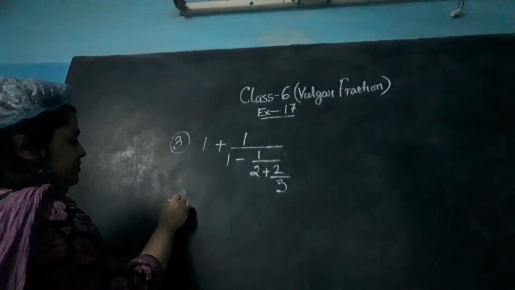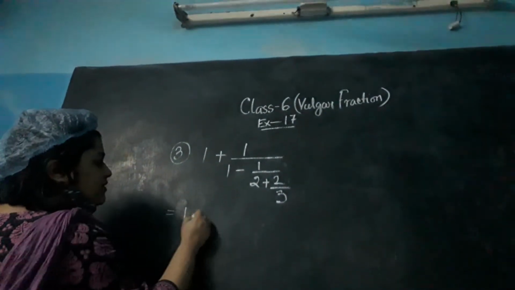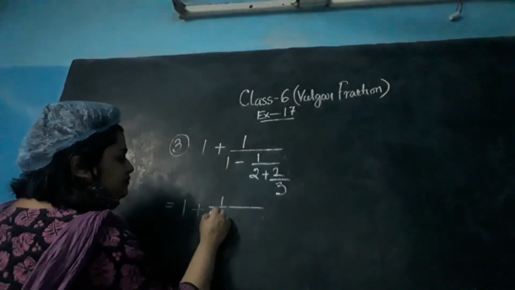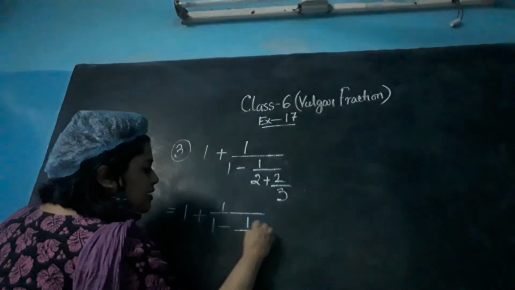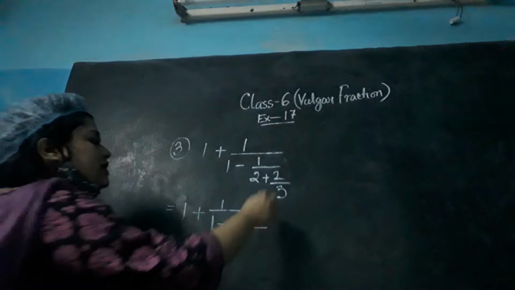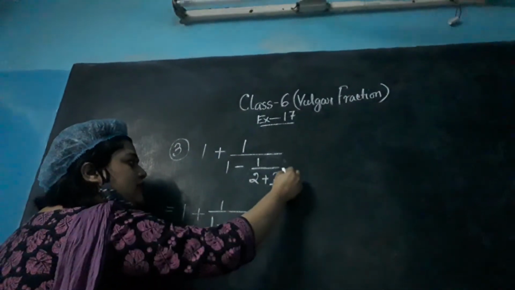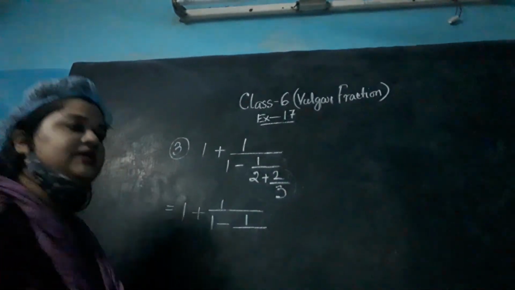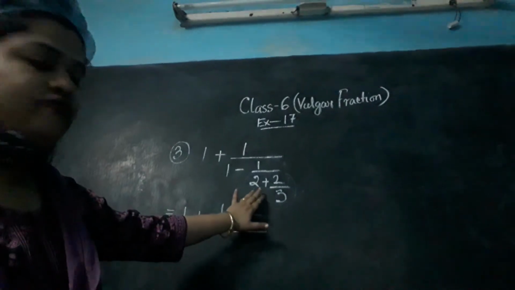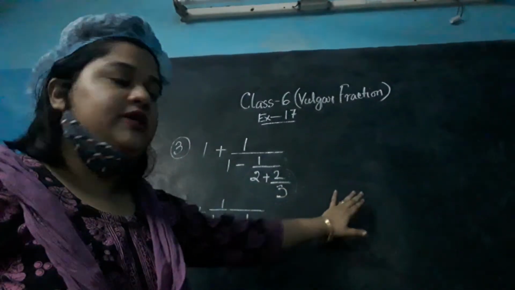So first step, you will write everything the same till here, but only the last part, what is given at the down, you have to solve. So you can solve it over here.